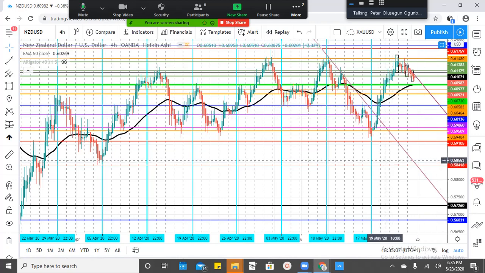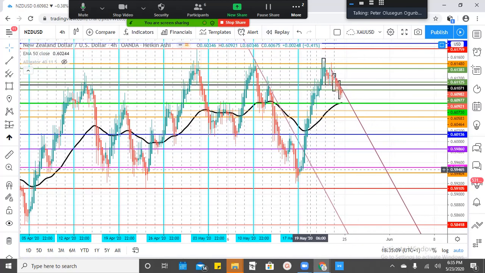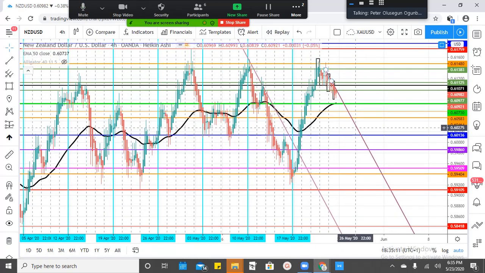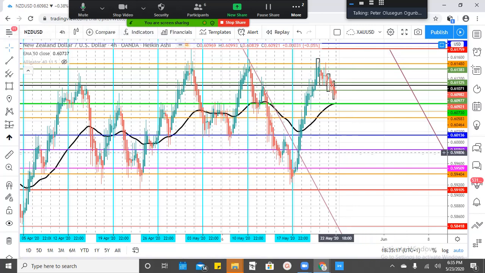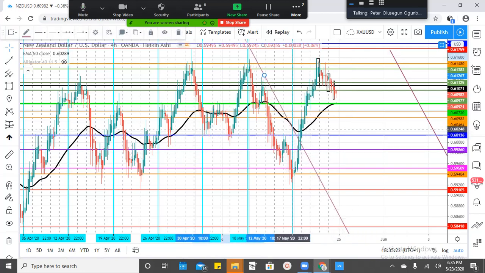Another thing you could have done really is to duplicate. Assuming I want to take this one off, let me take this one to the side. And let's see how this one is going to play out.